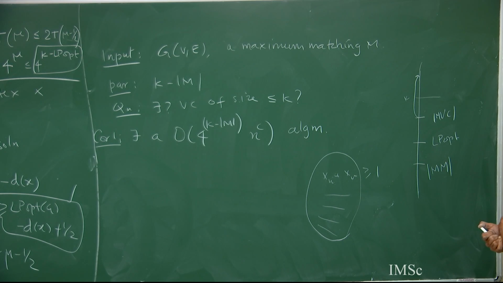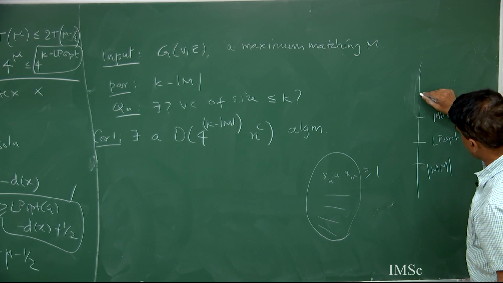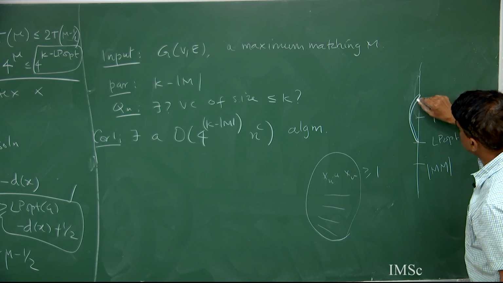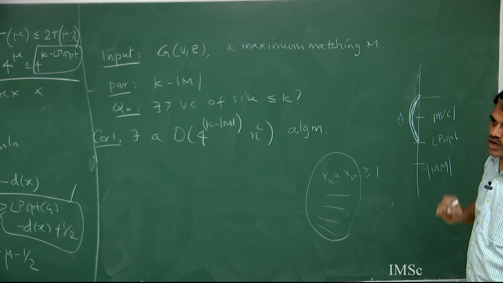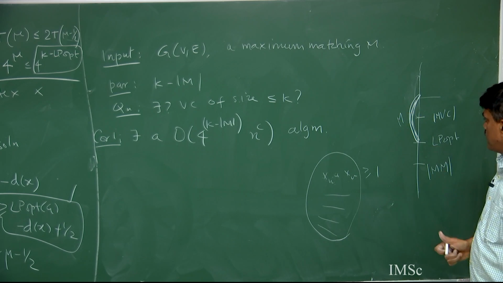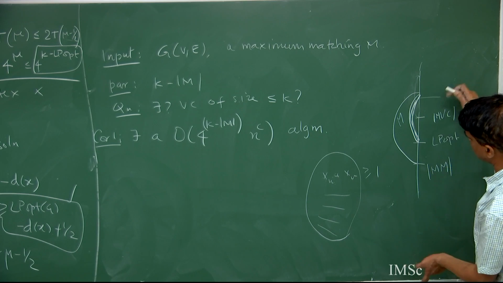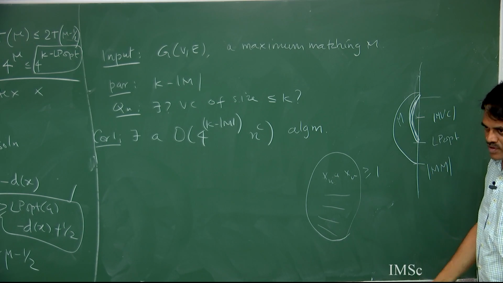So what I am saying is, you are looking for a vertex cover of size k, and if you look at k's difference with LP, if I give this as a parameter, we had a 4 power k minus LP algorithm. But if I give you this parameter, the scale is even more than this. That means I am giving you more time.